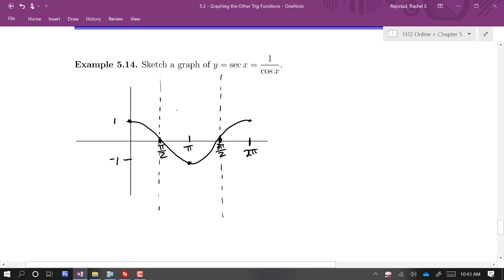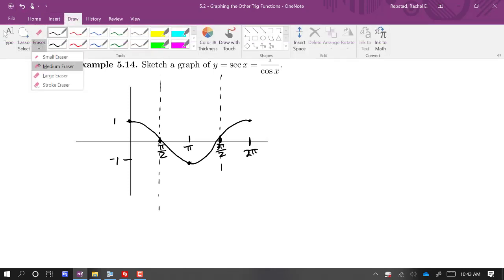If we look between pi over 2 and 3 pi over 2, this middle piece here, it's a little bit easier to tell, and actually I probably should have done that in gray, so I'm going to fix that real quick.